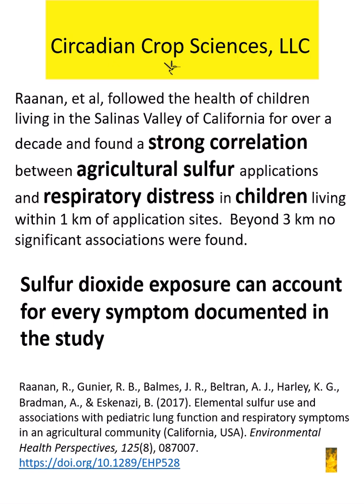They correlated the distance they lived from application sites with the amount of medications they needed for respiratory illnesses like asthma, and with distressed lung function. They found a strong correlation between agricultural sulfur applications and respiratory distress in children living within 1 kilometer of application sites.